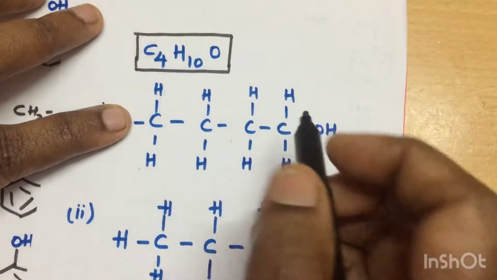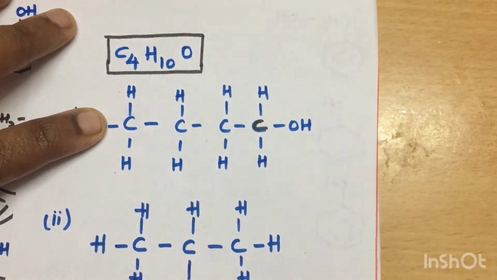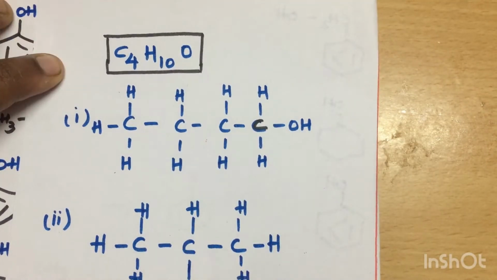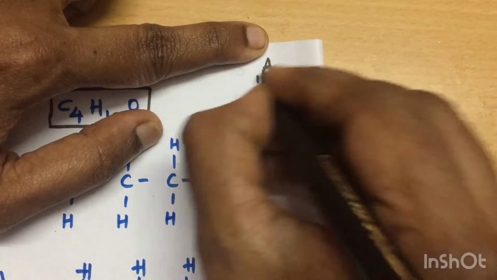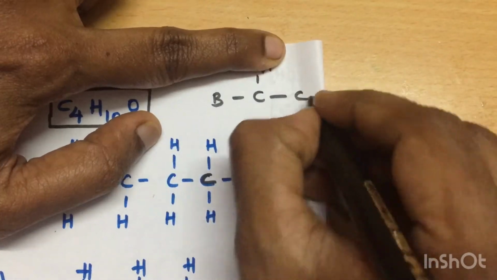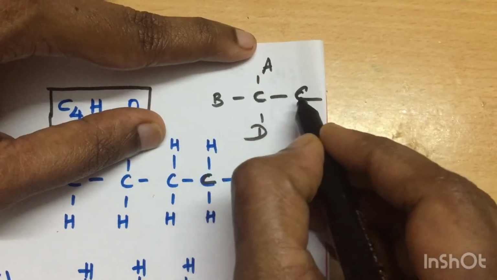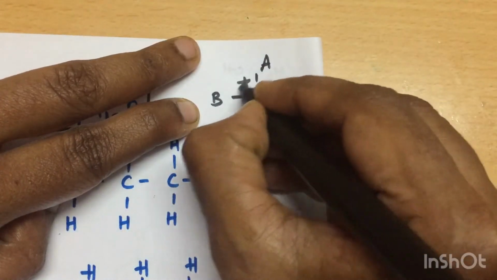Take the carbon that is attached to the hydroxyl. For chirality, what is the necessary criterion? The four groups must be different in nature. If a carbon is attached to four different groups, then this is known as chiral.